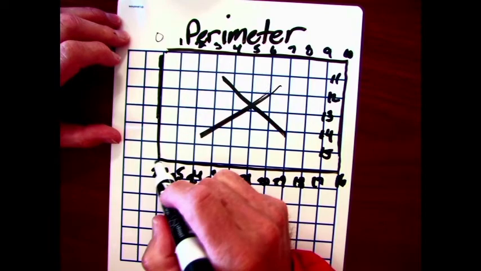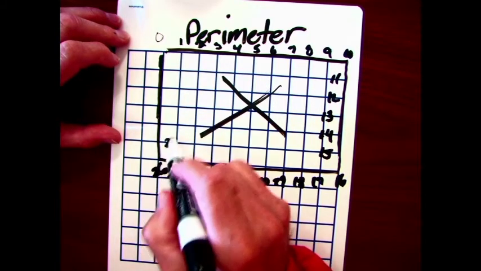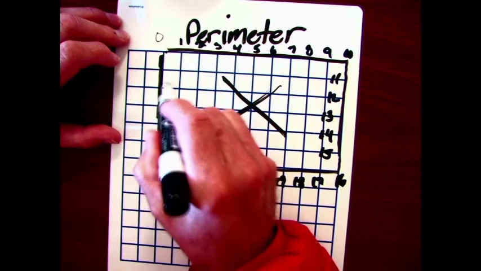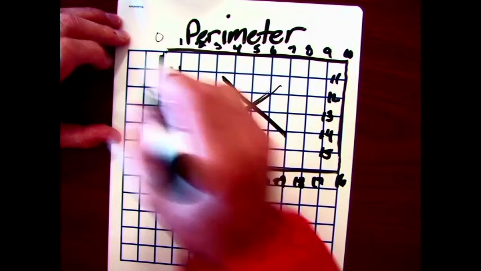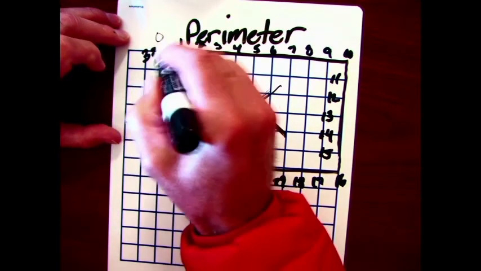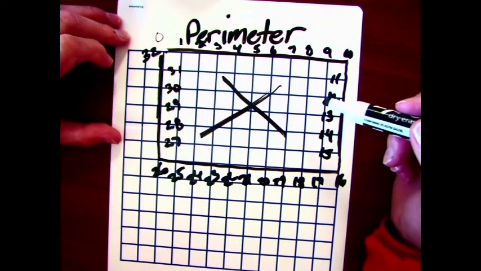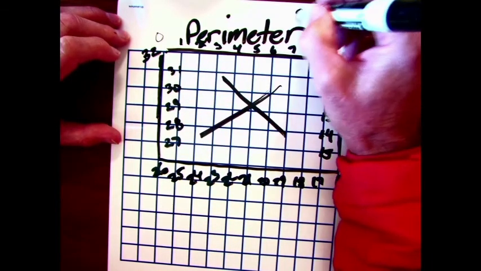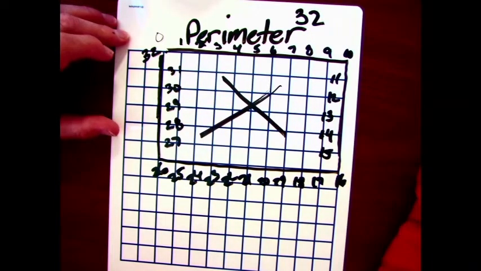It's getting a little messy. I'm down here at 26. I'm going to go up. 27, 28, 29, 30, 31, and 32 brings me right back to this corner where I started from. So the perimeter of this rectangle is 32. That would be my perimeter.